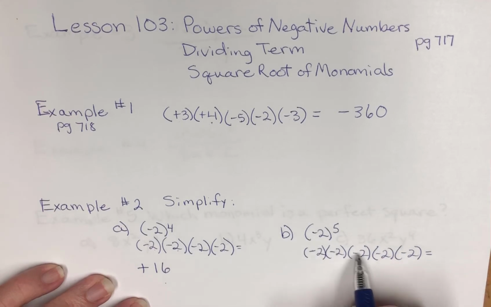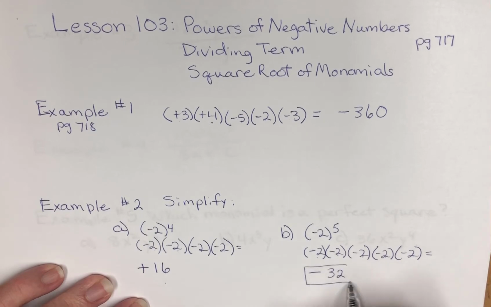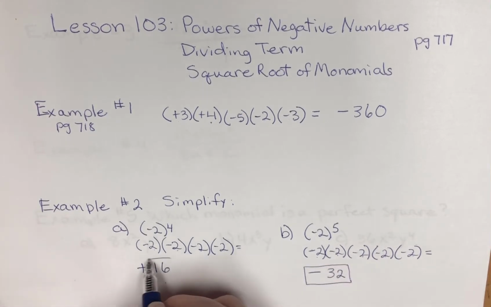There are 5 negative signs. That tells me, because it's odd, that I'm going to have a negative answer. Again, 2 times 2 is 4. 2 times 4 is 8. 2 times 8 is 16. 2 times 16 is 32. So my answer is going to be negative 32.